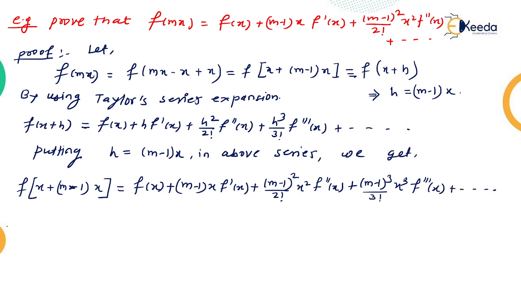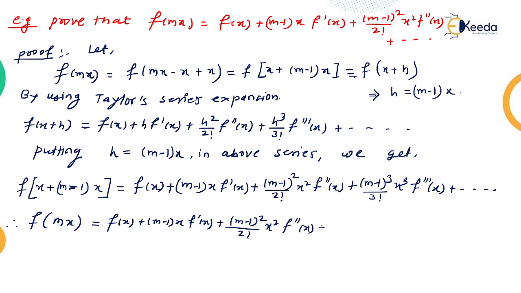You know this very well, guys. After simplifying, only f of mx remains on the left, so f of mx is equal to f of x plus (m minus 1) into x into f dash of x, plus (m minus 1) whole square divided by 2 factorial into x square f double dash of x, plus (m minus 1) cube divided by 3 factorial into x cube f triple dash of x, plus and so on.